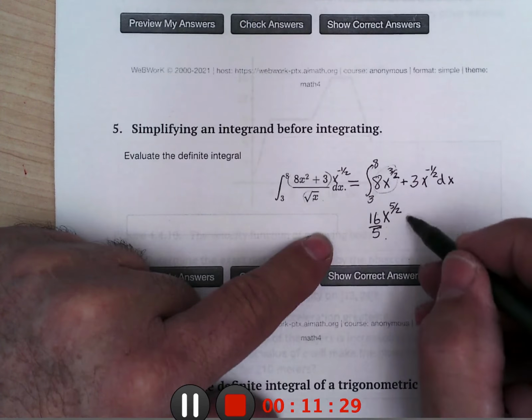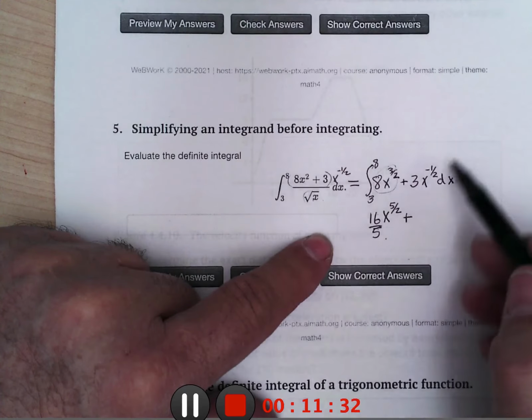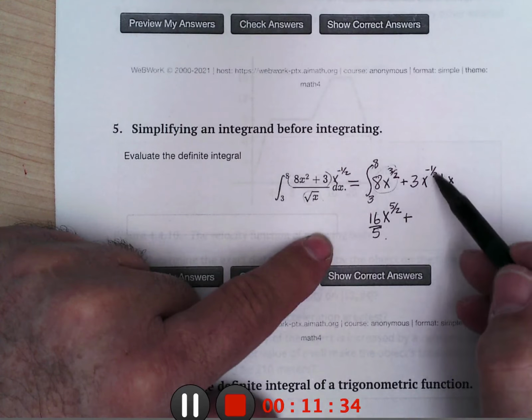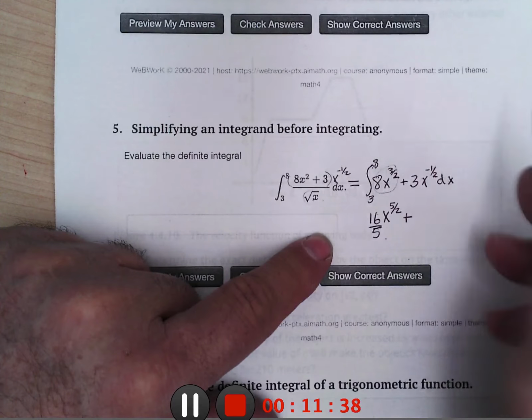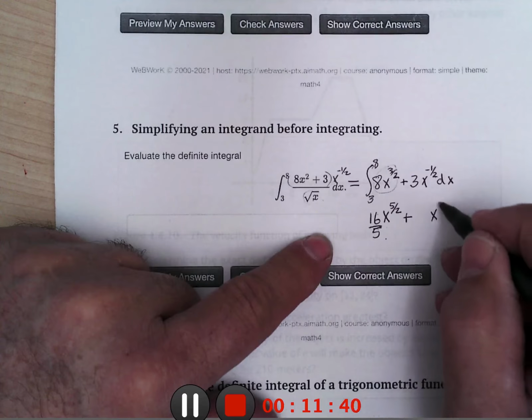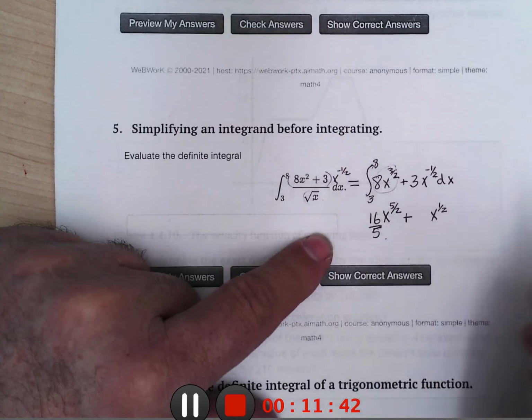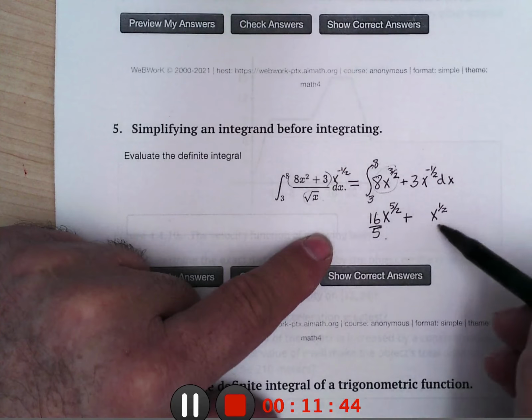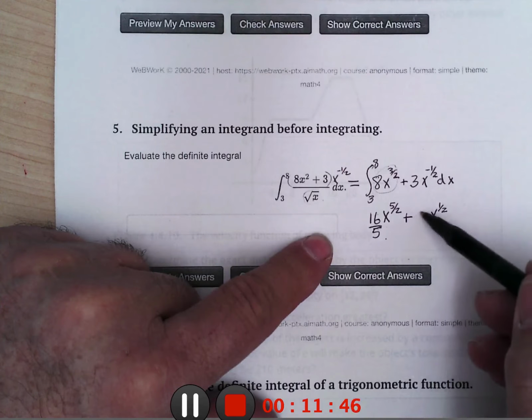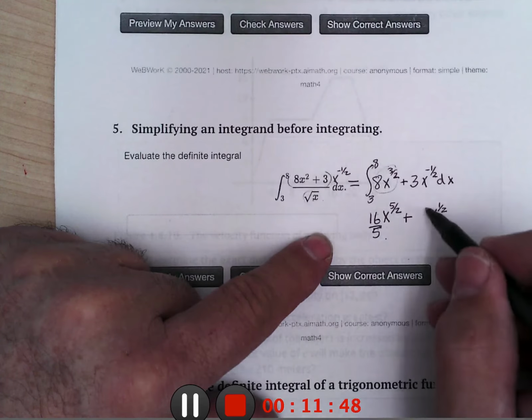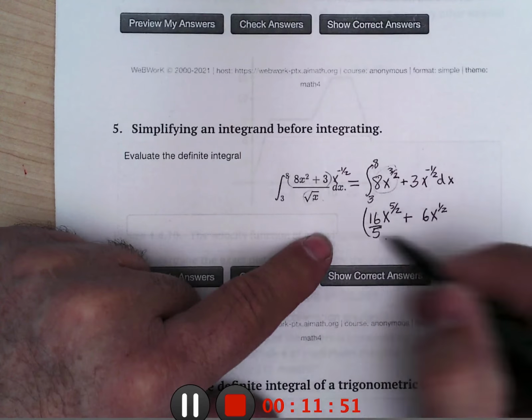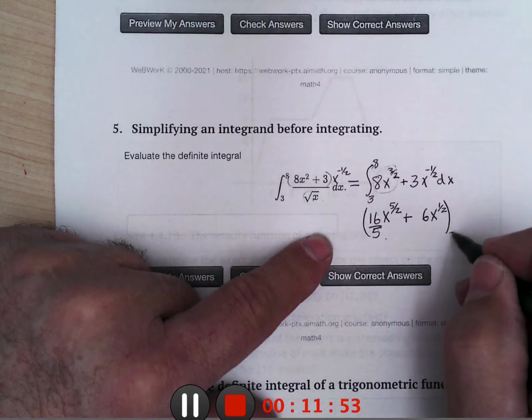Plus, adding 1 to negative 1/2 is plus 1/2. So I'll have x to the 1/2, and then I have to divide by a half, which is the same as multiplying by 2 times 3, 6. So this is what I have to evaluate from 3 to 8.